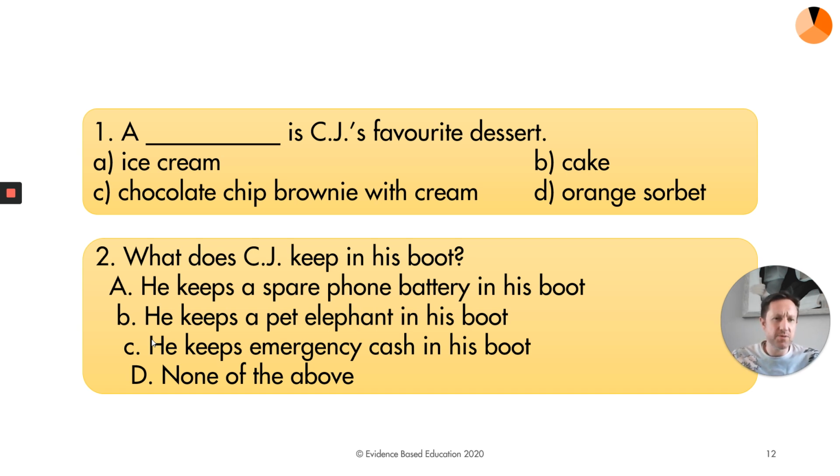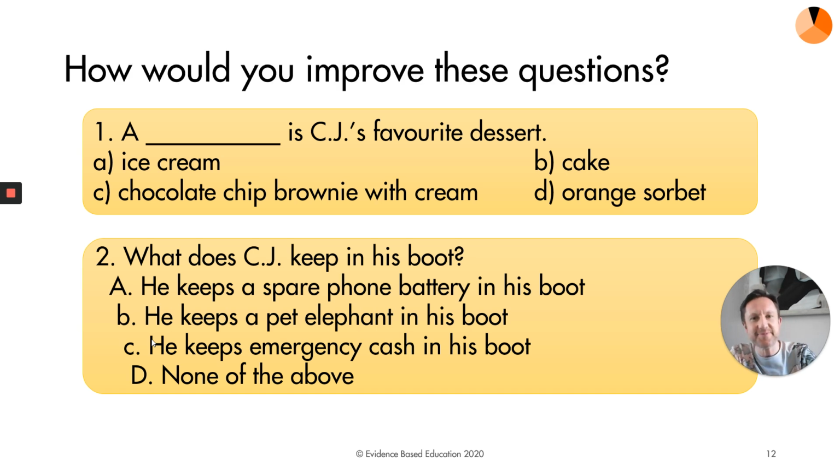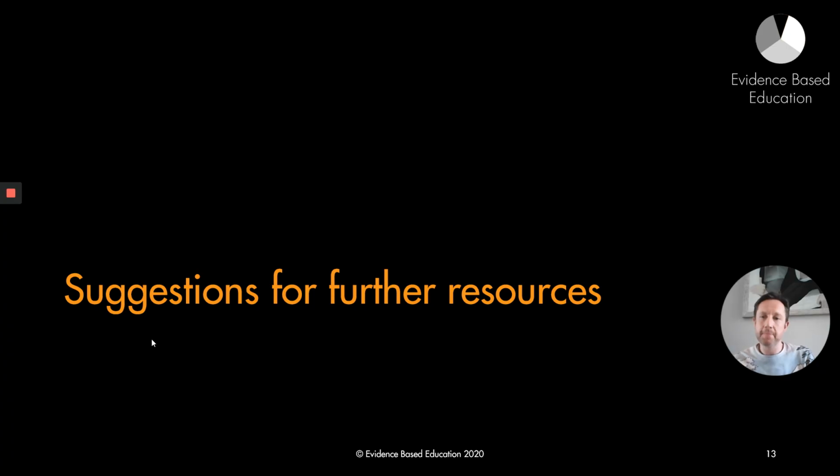Is he referring to a part of the car when he's talking about what he keeps there? So all kinds of problems with these two questions. And if only CJ had used some of the rules that we've already gone through. There are ways that we can improve those questions quite quickly just by using some of the guidelines that we've talked about there.